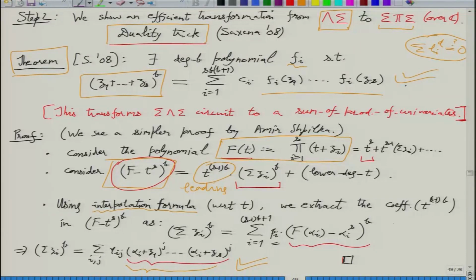So here we actually choose alpha i's to be eighth powers, because in the interpolation formula we just need enough distinct elements in the field, so we can take them to be just eighth powers. Let us say we take the first eighth powers, as many as we need. So these are alpha i's.